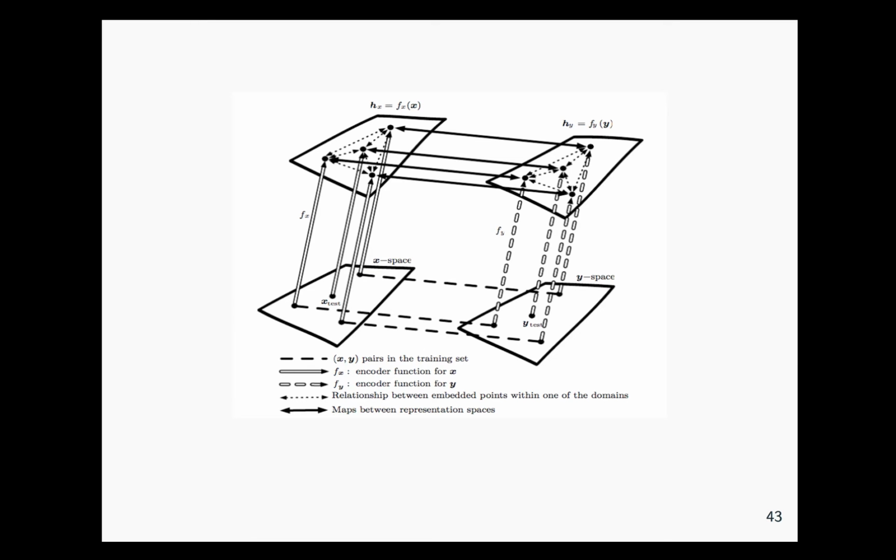I guess the general idea of multitask learning can be summarized in this picture, where you have the original x and y, and then you move it up to h of x, h of y. You need to learn different parts of this diagram depending on whether you're doing transfer learning or domain adaptation.